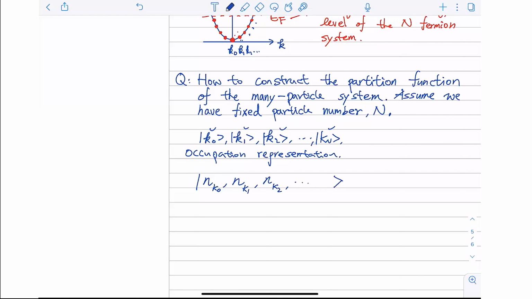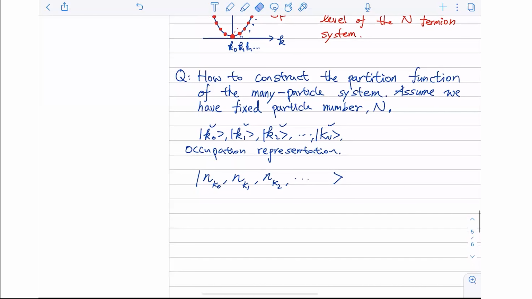And this occupation representation is useful because we don't care about the label of the particle. The reason for that is because we are discussing indistinguishable identical particles. That's why we have this fermionic and bosonic wave function. Because they are indistinguishable, all we are able to identify is that maybe 3 of them are sitting at the ground state, but we don't know which one is which.